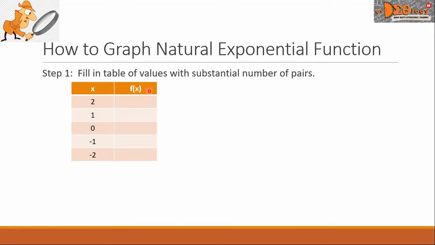The second column is for the f of x, and this means we have f of 2 corresponding to the value of x, that is 2, and f of 1 corresponding to the value of x, which is 1, f of 0 corresponding to the value of x, which is 0, f of -1 corresponding to the value of x, which is -1, and f of -2 that corresponds to the value of x as -2.